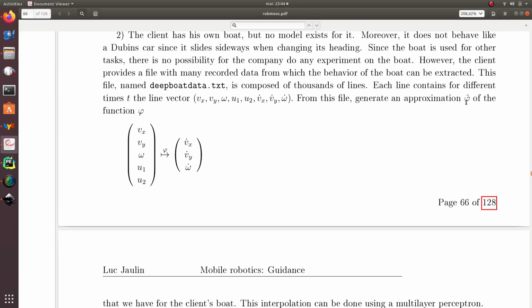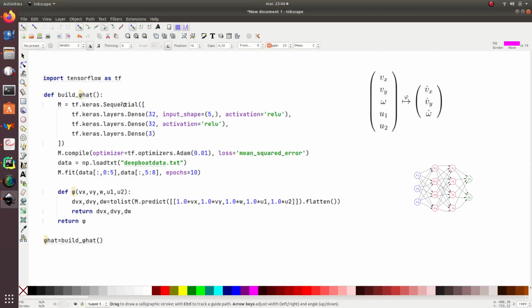So I have to compute this approximation. For this, I will use TensorFlow, and I will build my function phi hat, which will be an approximation of phi. Recall that phi has 5 inputs and 3 outputs.